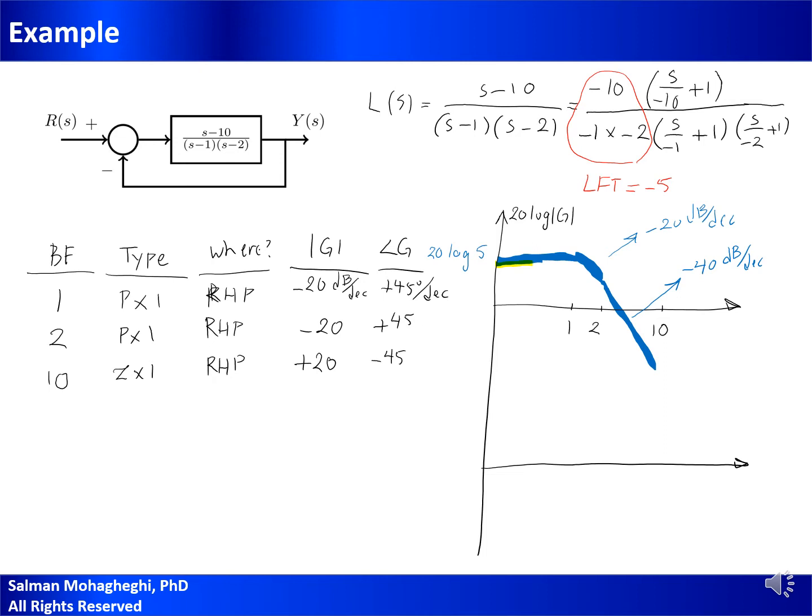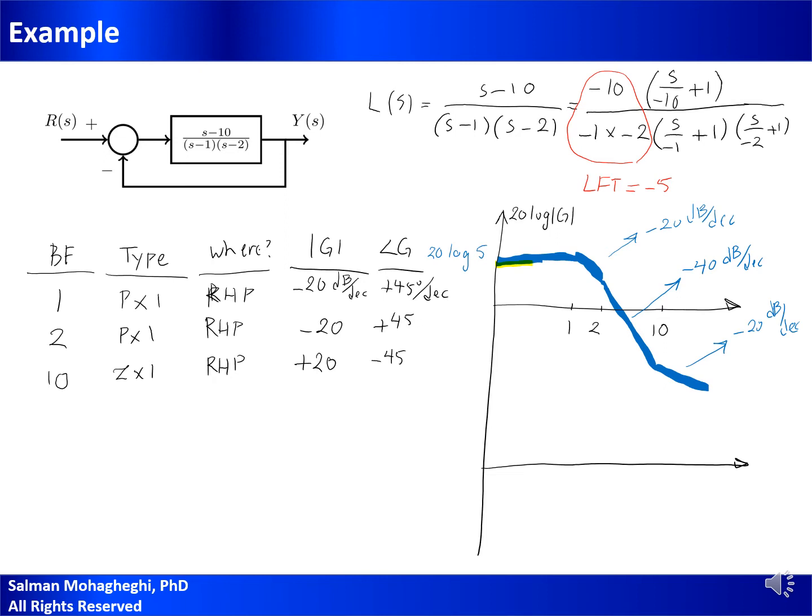So I will go back to minus 20 dB per decade. This is going to be my magnitude Bode plot.